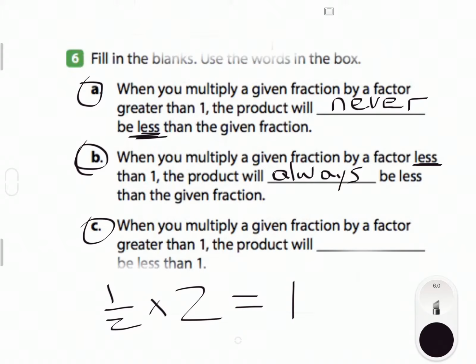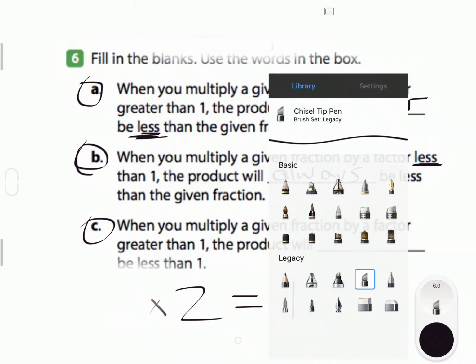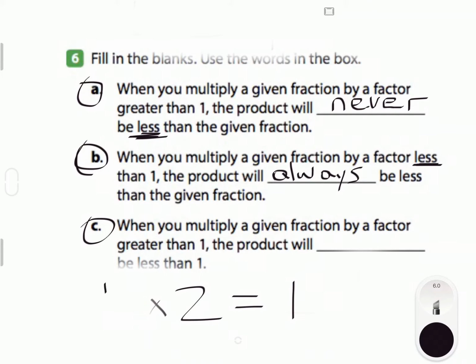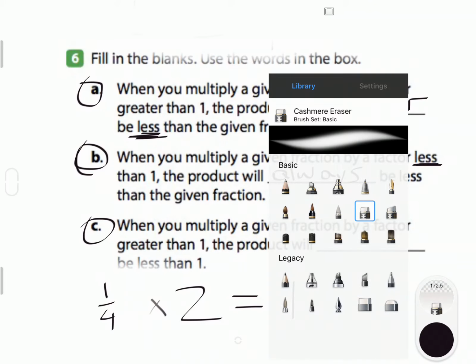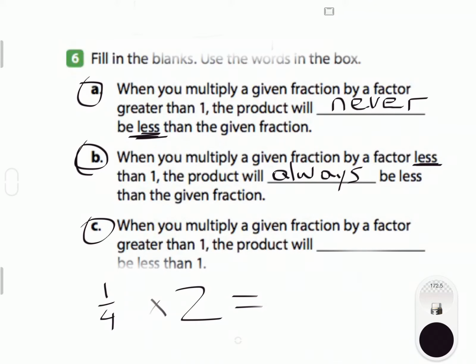But if this given fraction multiplied by a factor greater than 1 were smaller in the first place, all right, so if this weren't 1/2, if our given fraction was 1/4, so we want to take that and we're going to multiply it, 1/4 times some other number, and it's greater than 1. 2 fits that description.